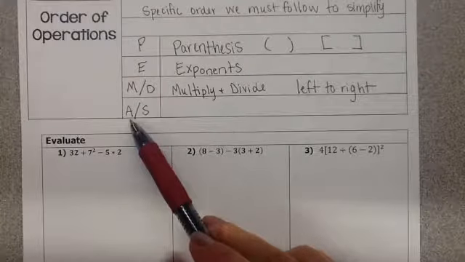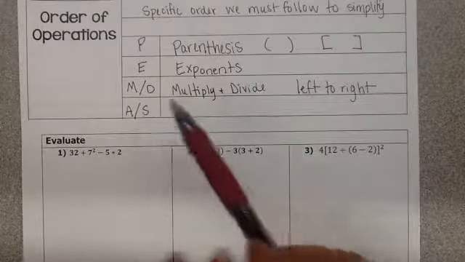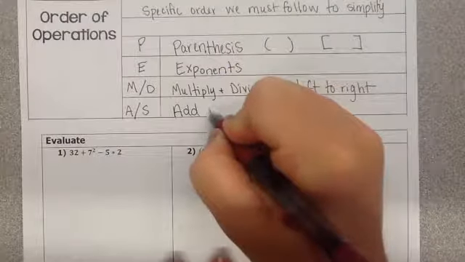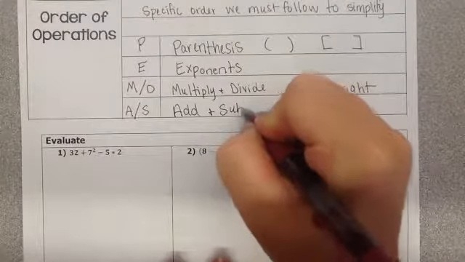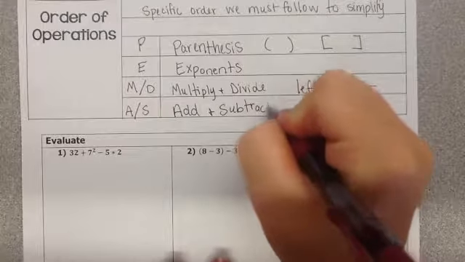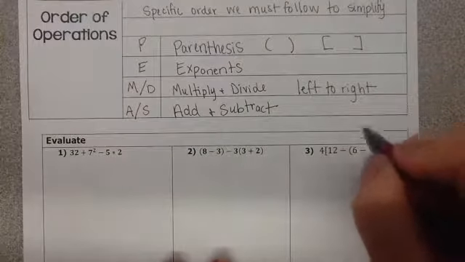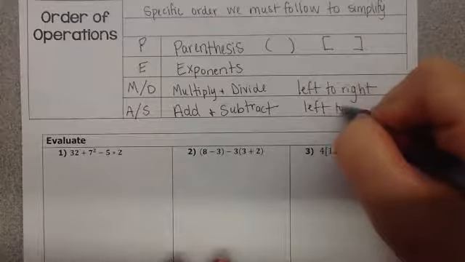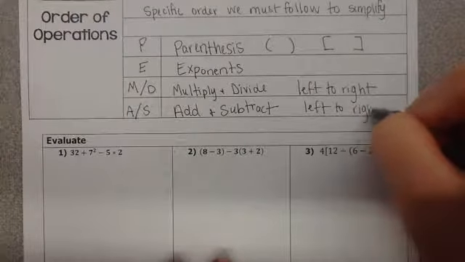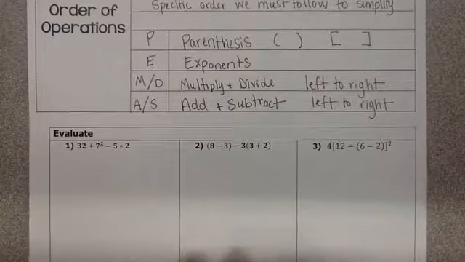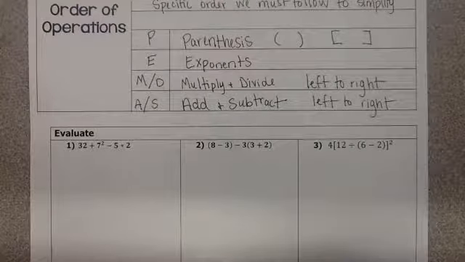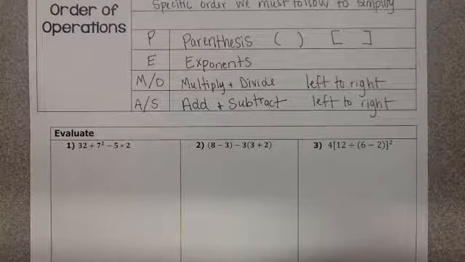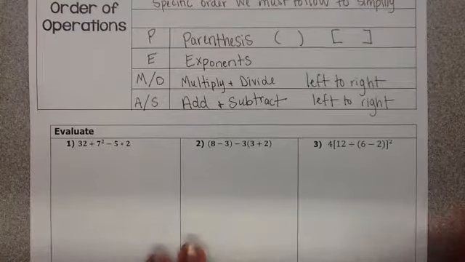And lastly, A and S stand for add and subtract. And why are those together? Left to right. So add and subtract go together, solve left to right. So PEMDAS, or please excuse my dear Aunt Sally, is the order we must follow in order to solve.